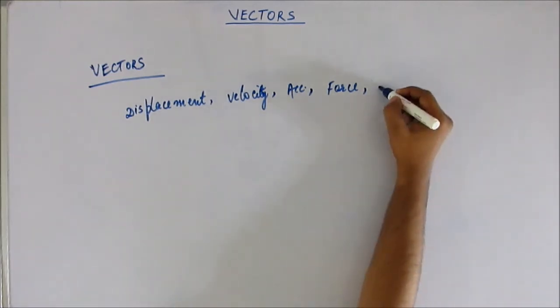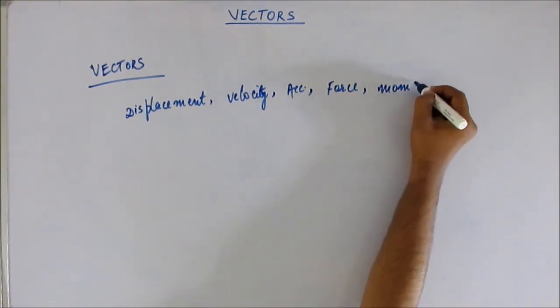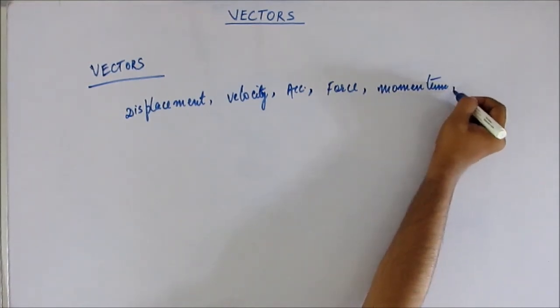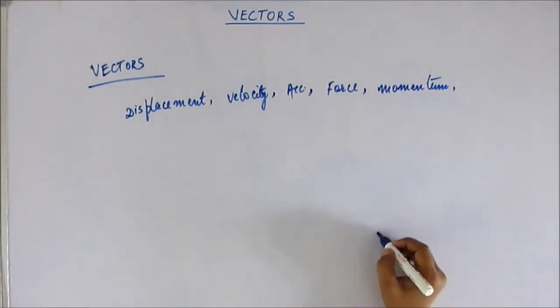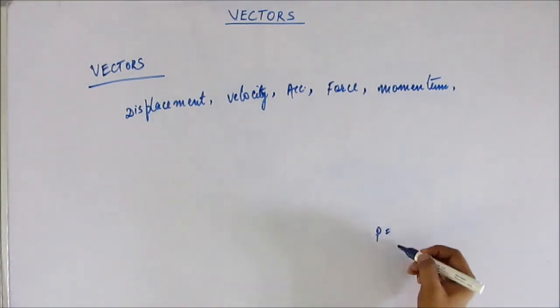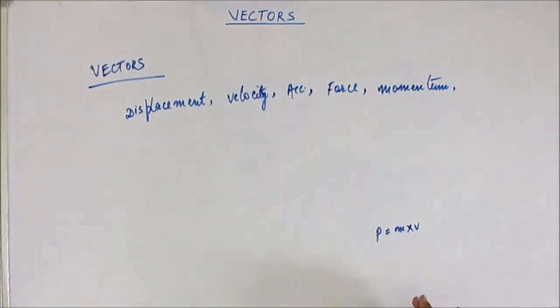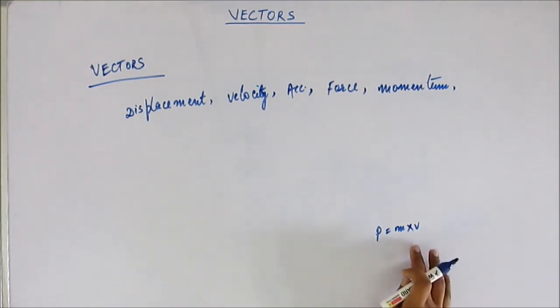Similarly, momentum. Momentum is a vector quantity represented by P. It is mass times velocity. We'll discuss this in great detail once we sweep through this topic of vectors, but I think from the knowledge of class 9th, you must know momentum is mass times velocity.